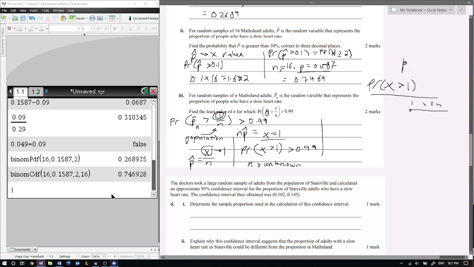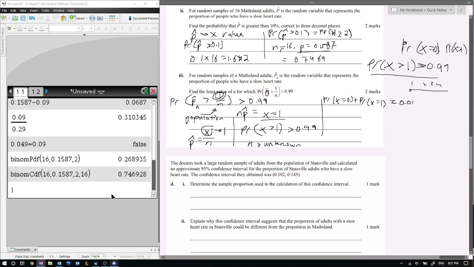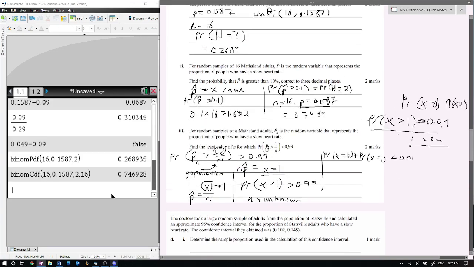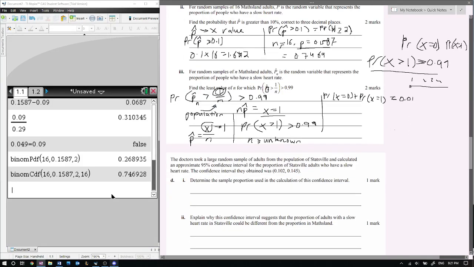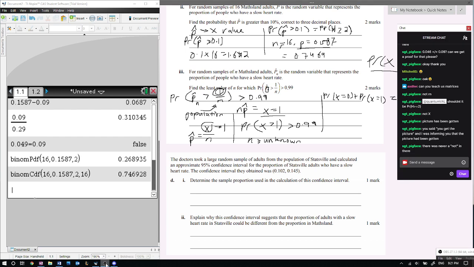So the values that it's excluding are PR x is equal to 0 and PR x is equal to 1, because it's not inclusive, it's not including equal to 1. And since that is above 0.99, we can say that PR x is equal to 0 plus PR x is equal to 1 is lower than 0.01. Or equal to 0.01, sorry, because when you're solving on a calculator, you can't really do this inequality. You've got to set it equal to 0.01. So then you'd lay out.